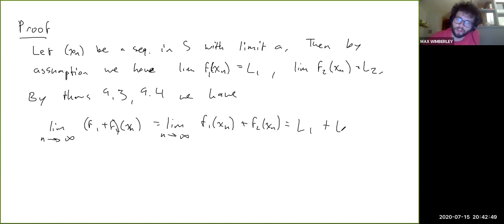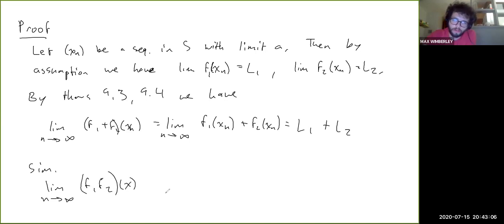You can separate these, of course, that's just what 9.3 tells us. Similarly, the limit as n approaches infinity of f1 times f2 of xn equals L1 times L2.